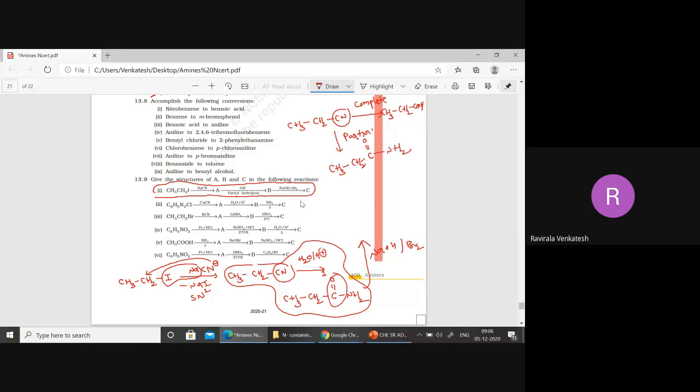This mechanism and shortcut everything I gave in the carboxylic acids, properties of carboxylic acids. You refer to that. So this is a very, very important type of conversion. The remaining conversions we will take the day after tomorrow, right?